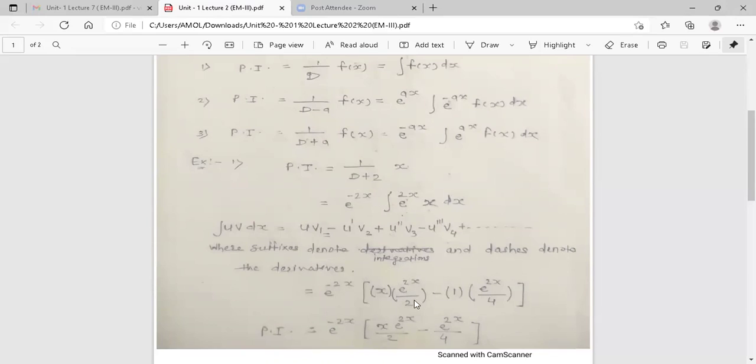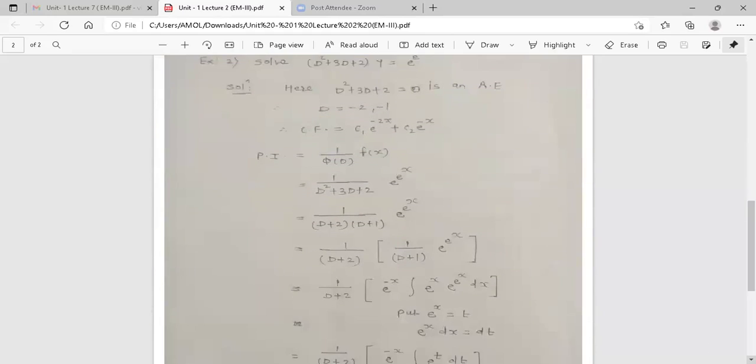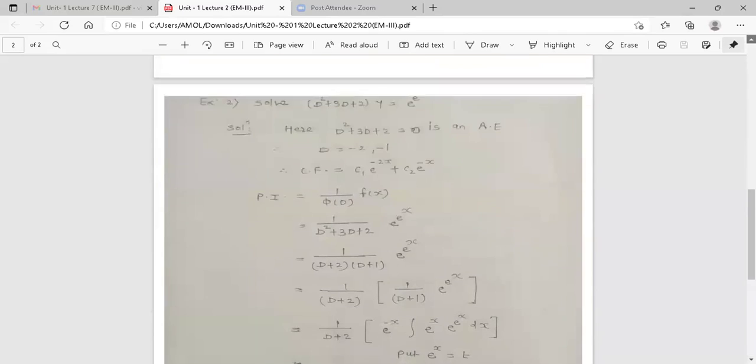Its integration is e to the power 2x upon 2, and already 2 is there, so 4. If we simplify it, we have the PI as e to the power minus 2x in brackets x into e to the power 2x by 2 minus e to the power 2x by 4. This is the answer.